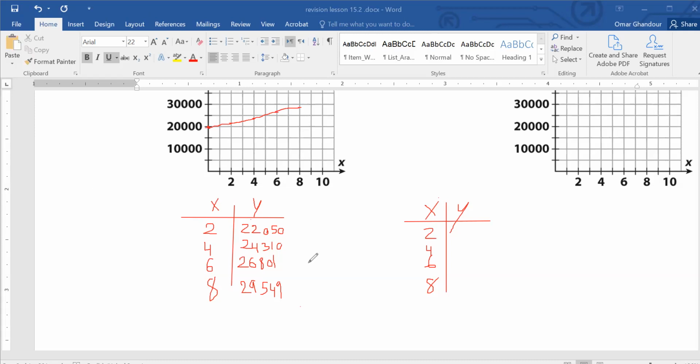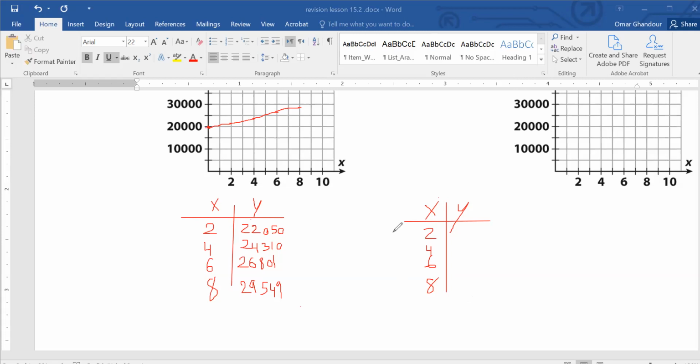And this is my growing model. Then you are going to be doing the same thing for the second function, which is the decaying function. Again, 2, 4, 6, 8. You are going to be putting the numbers and then completing the table and then start graphing. This time it should be going down because it's a decaying model. I will leave this for you as well and try to do it and send me the answers.